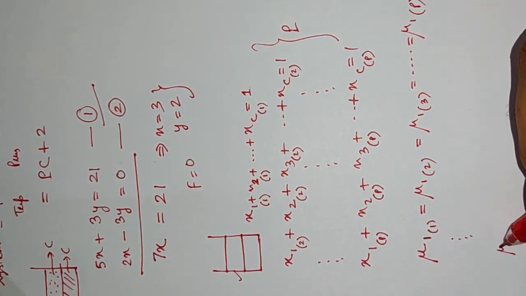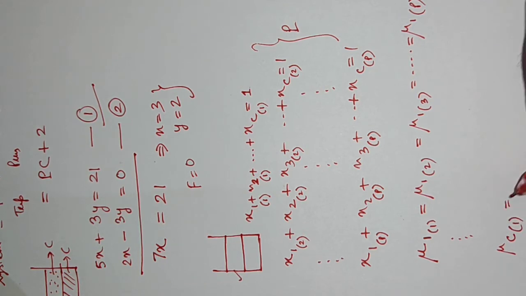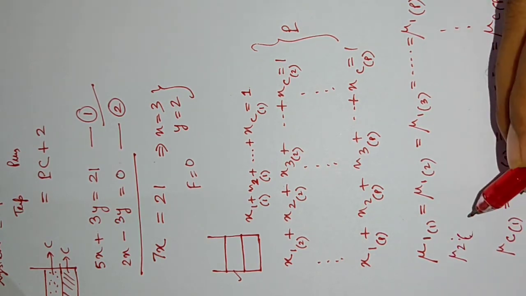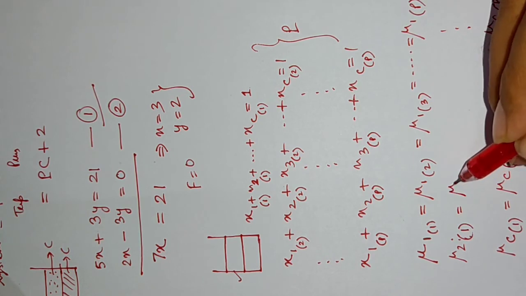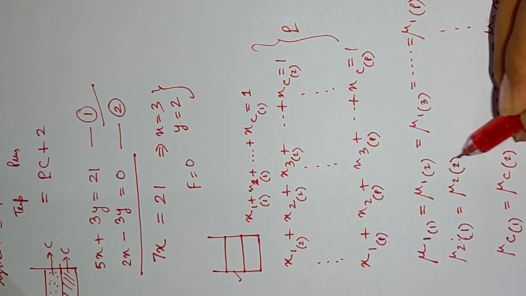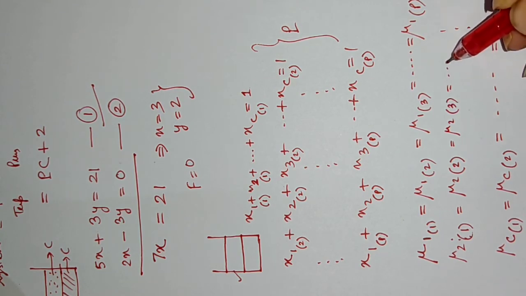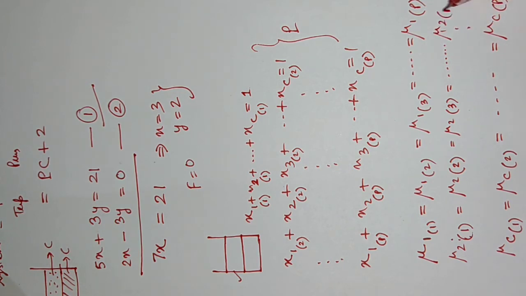In this way, next it will be mu 2 in the first phase, then mu c in the first phase equals mu c in the second phase, mu c in the last phase. Here it will be mu 2 in the first phase equal to mu 2 in the second phase, mu 2 in the third phase, and here it will be mu 2 in the pth phase.